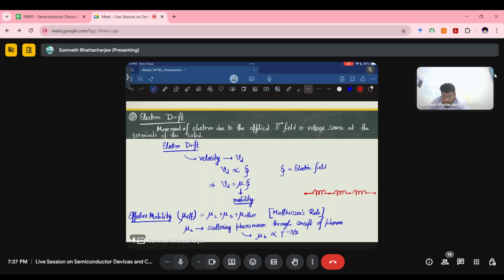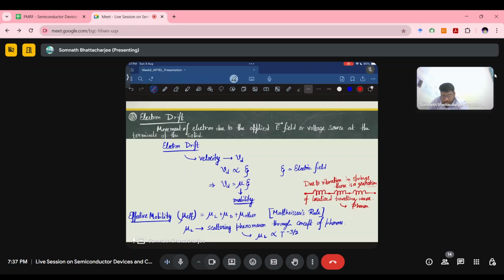Due to the vibration in this kind of springs, there is a generation of localized traveling wave. This kind of localized traveling wave is called a phonon.